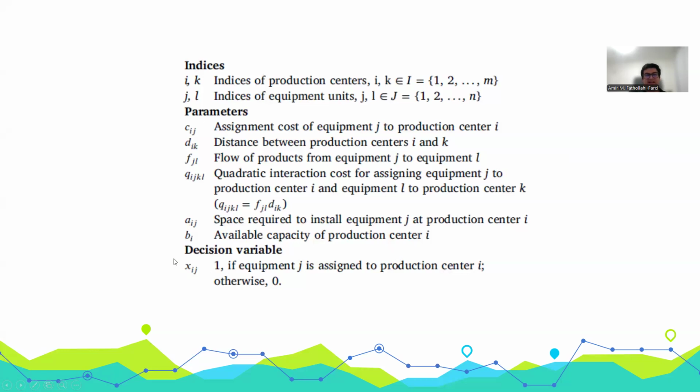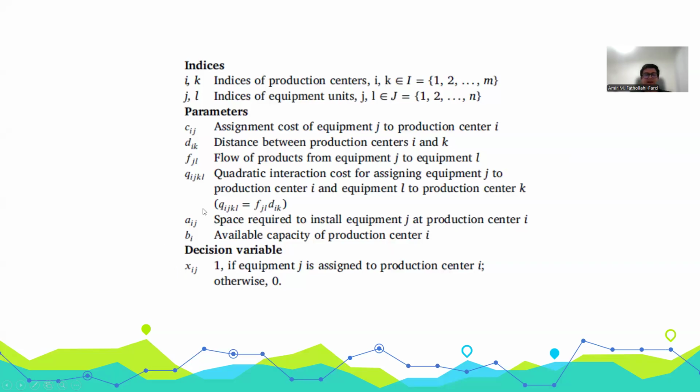And finally, the decision variable for this optimization problem is that we want to decide which equipment is assigned to which center. So the main decision variable here is xij, which is a binary variable.